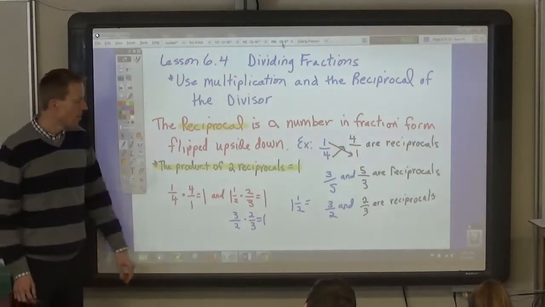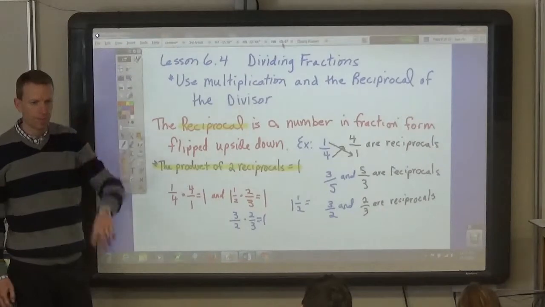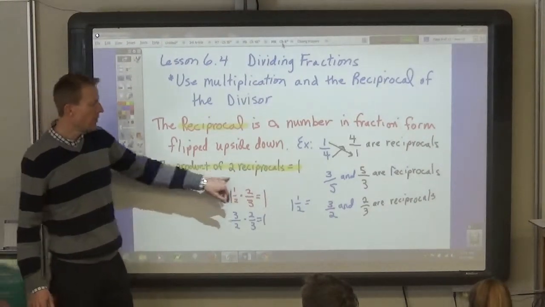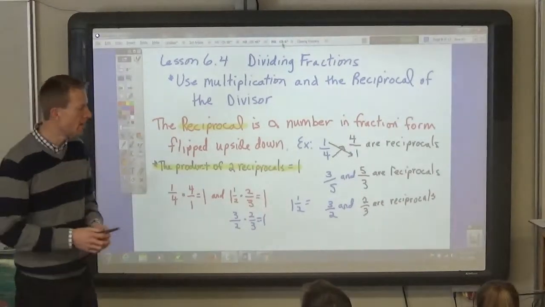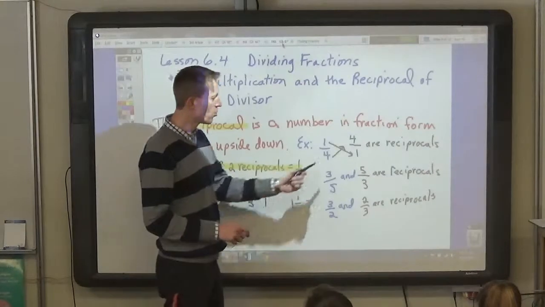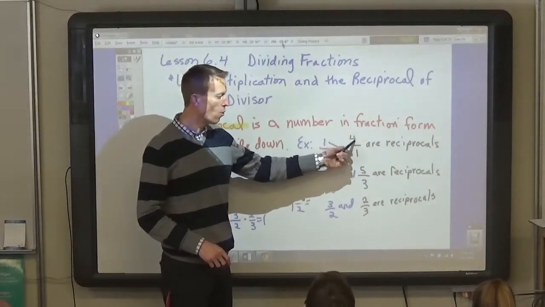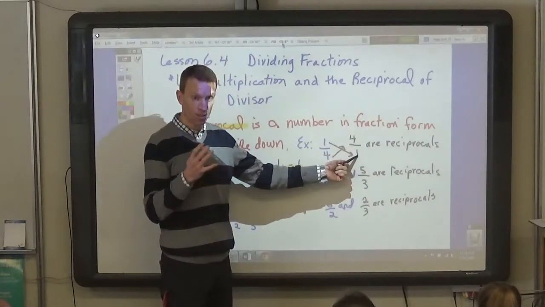Now, the product of those two reciprocals is 1. Just remember that for later. But that's what reciprocals are. They're two numbers that when you multiply them together, equal 1. Is that true for this one? 1 times 4 is 4. 4 times 1 is 4.